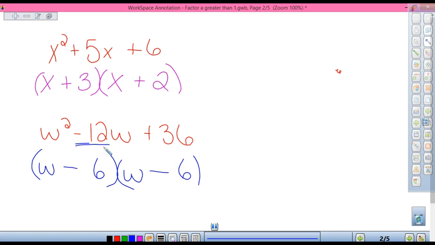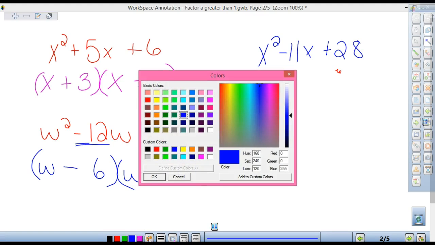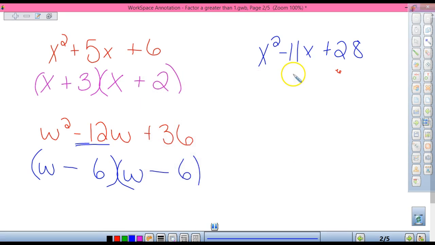What about x squared minus 11x plus 28? All right, so now, how am I getting to x squared?